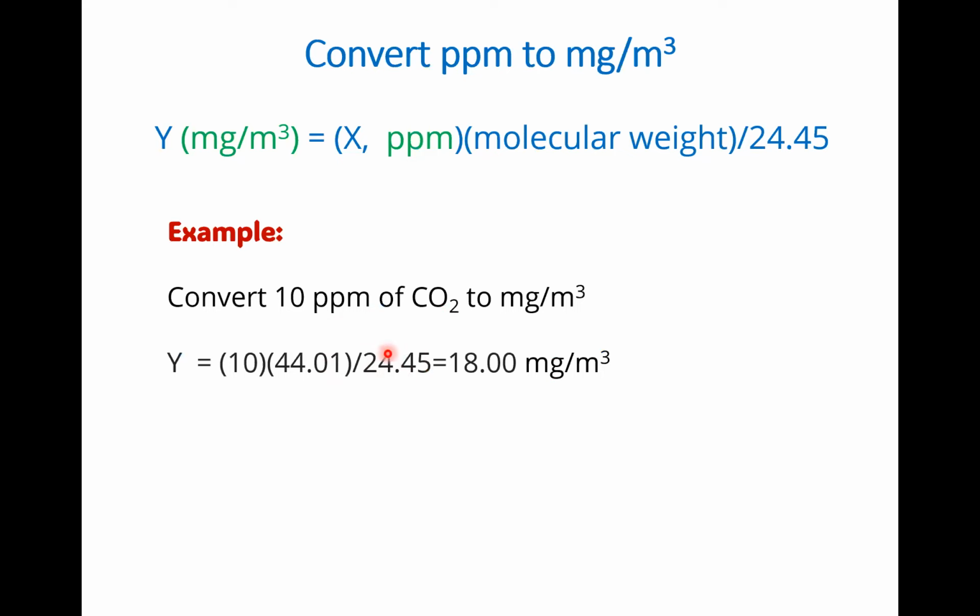You can also convert if you have a different temperature, but you need to know the molar volume under that temperature. You substitute the ppm value into this equation and get 18 milligram per cubic meter.